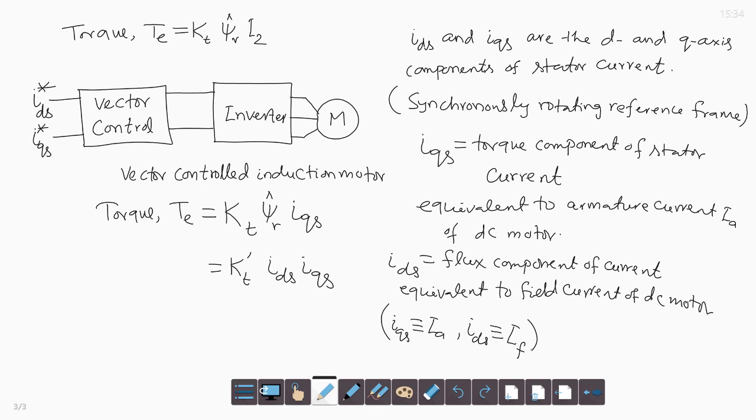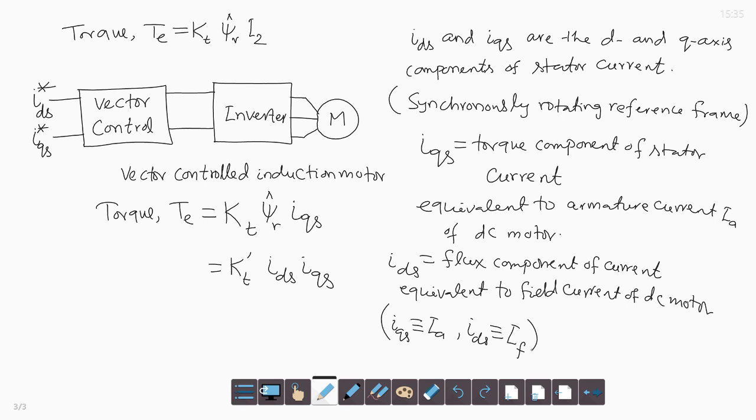And when for high speed operation flux weakening control is done, flux is controlled by controlling the d axis component of the stator current IDS, and during that time the torque component of the current IQS remains unaffected. So, IDS and IQS are mutually decoupled from each other, orthogonal to each other, and for that reason we get very fast response in vector controlled induction motor drive, just same as or better than the separately excited DC motor.